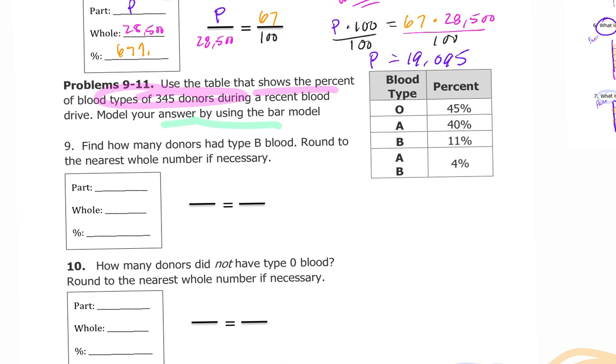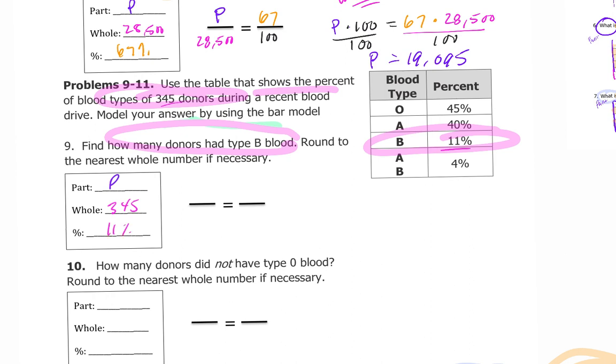They want us to know first how many were type B. So I'm going to look over here and say, well, type B is 11%. So now my part, I don't know yet, so I'm going to call that P. My whole was 345. The percent I'm looking for is 11%.